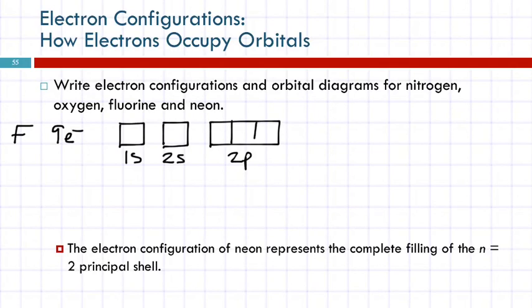So putting 9 electrons in here, we've got 1, 2, 3, 4, 5, 6, 7, 8, 9. They take their own bed first, sleeping right side up, and then they pair up.